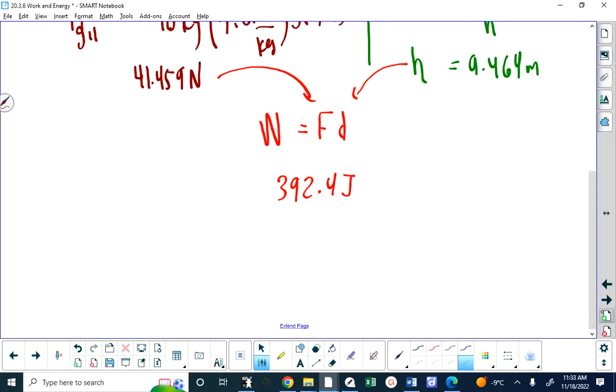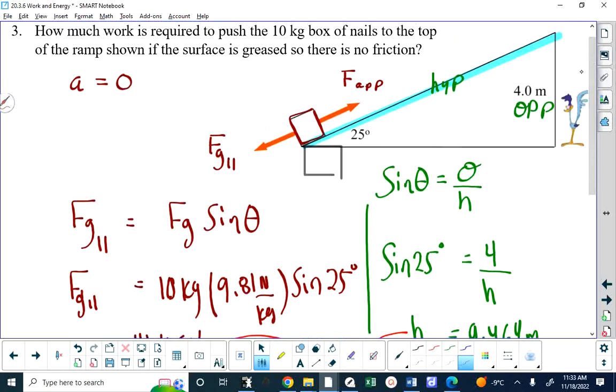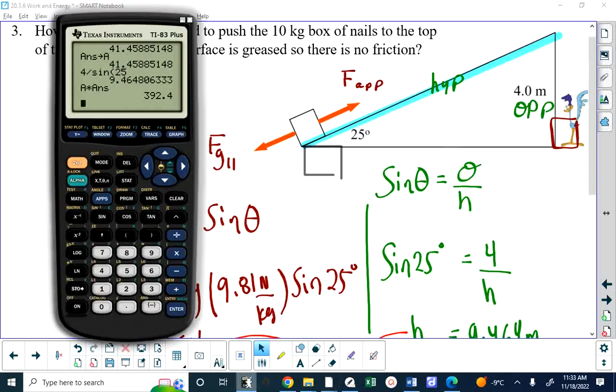That's the work he did, so at the top, it has that much energy. The box has that much energy at the top, regardless of how it gets there. So, what if I said to you, how much energy is required to just lift that box 4 meters? Then it's like the piano question, isn't it? Which would be the force of gravity, which would be 10 kilograms times 9.81 times 4.